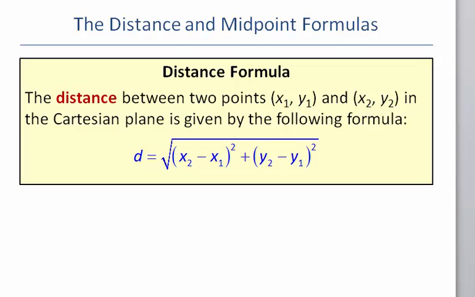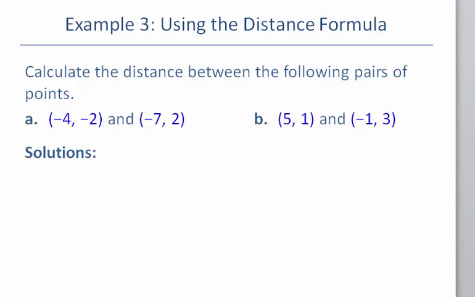Let's look at an example. We have two problems where we want to calculate the distance between the two sets of points. So let's begin by writing our formula down. Now, the easiest way to approach this is to label the coordinates in your points.